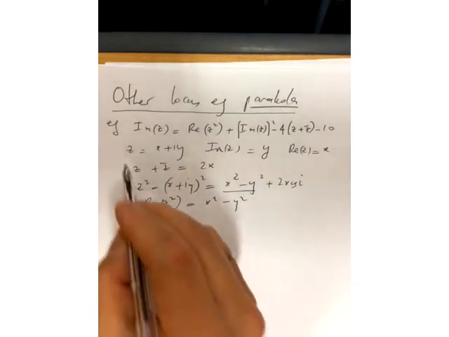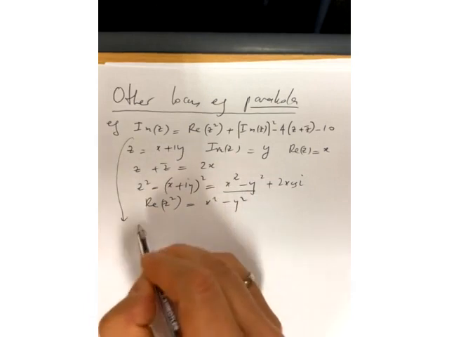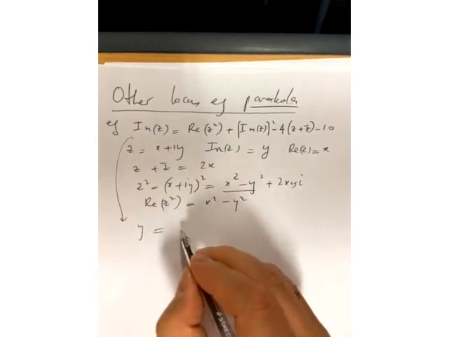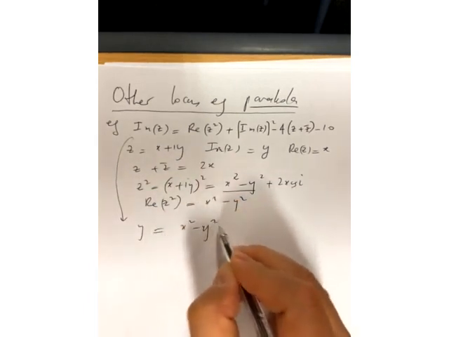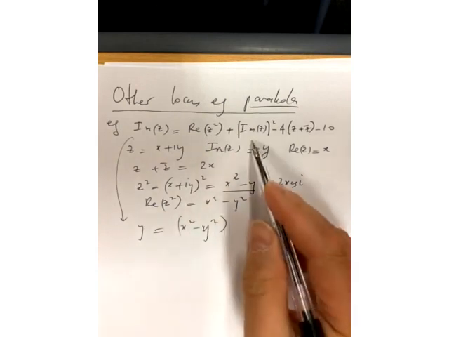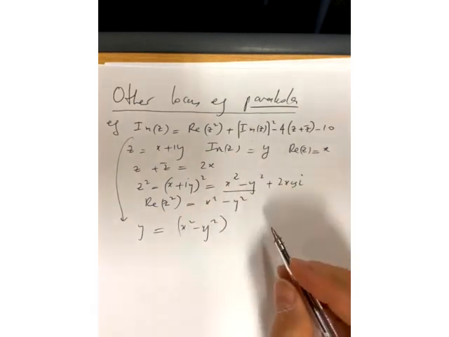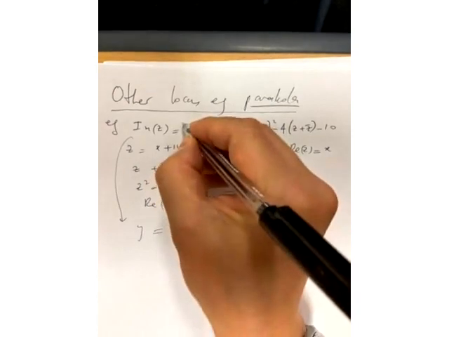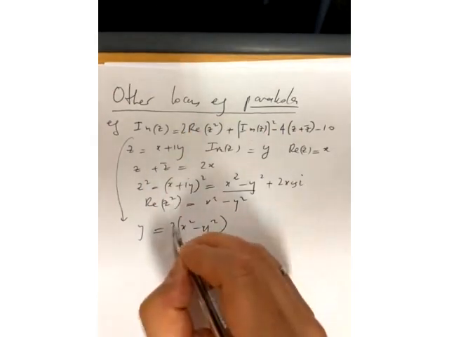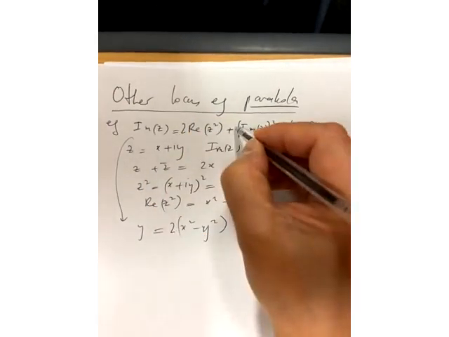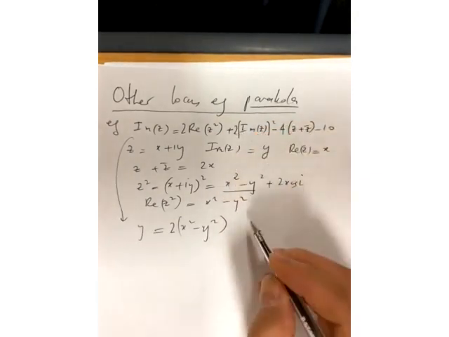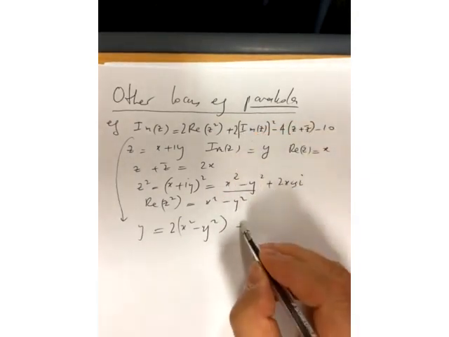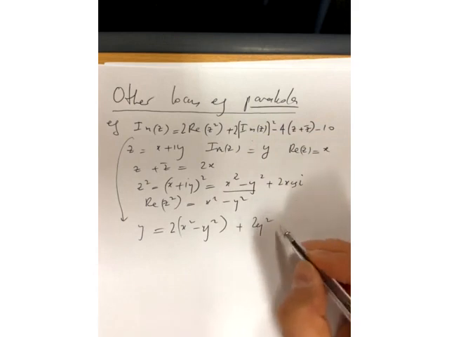So then, go back to here. Im z is just y. Re z squared is just x squared minus y squared. Actually, I'll make this 2 Re z squared, so I'll make this 2 here, then I'll put this 2 here as well. So Im z squared is just y squared, so plus 2y squared.